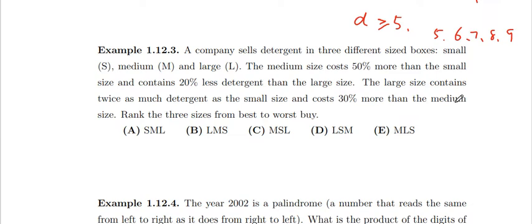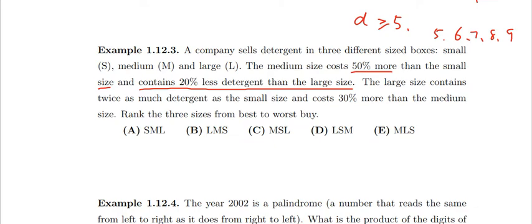Okay, a company sells detergent in 3 different sizes: a small one, a medium one, and a large one. The medium size costs 50% more than the smaller one, and contains 20% less detergent than the large size.